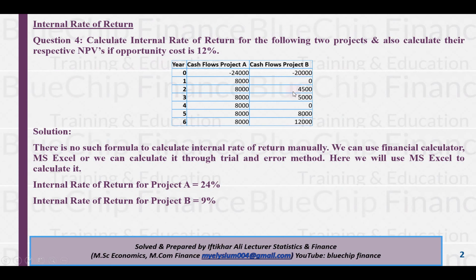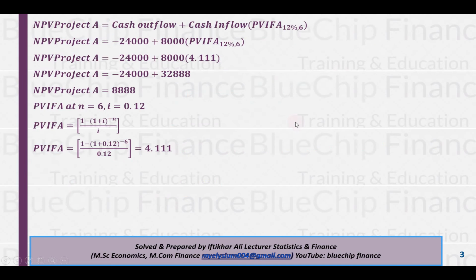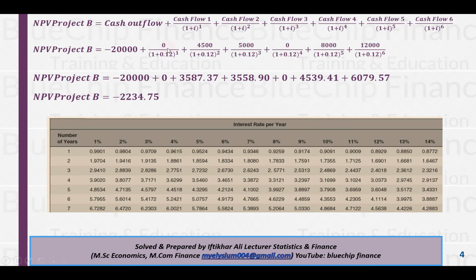For the second time period 4500, third 5000, fourth 0, fifth 8000, and sixth 12,000 inflow. So simply place the cash inflows here, and your present value formula will be placed here: 1 plus 0.12 raised to power 1, 1 plus 0.12 raised to power 3, and so on.